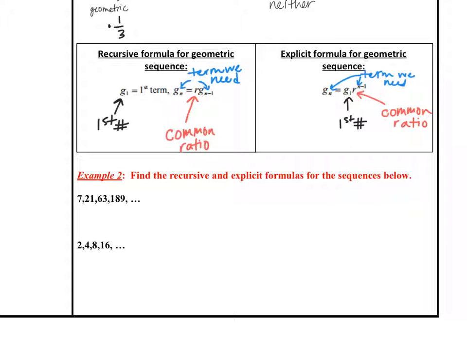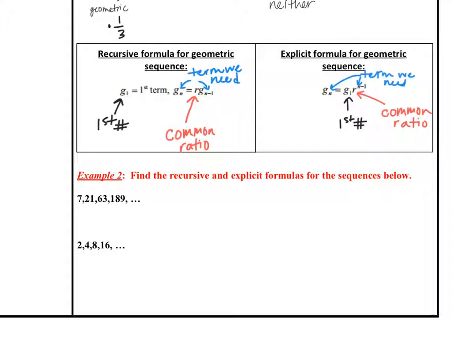Before we do anything, we need two things. Tell the person next to you what are those two things we need always from the start. Okay, Pierre, what two things do I need? The first term and the common ratio. Right. Look for the starting point, look for the common ratio. Ben, what is my starting number? 7. Yep.